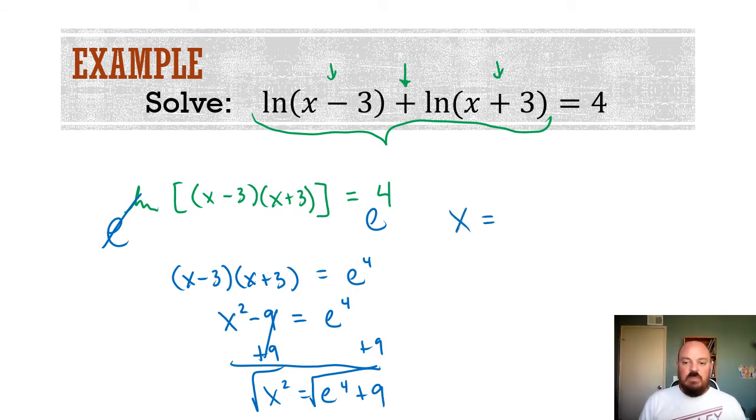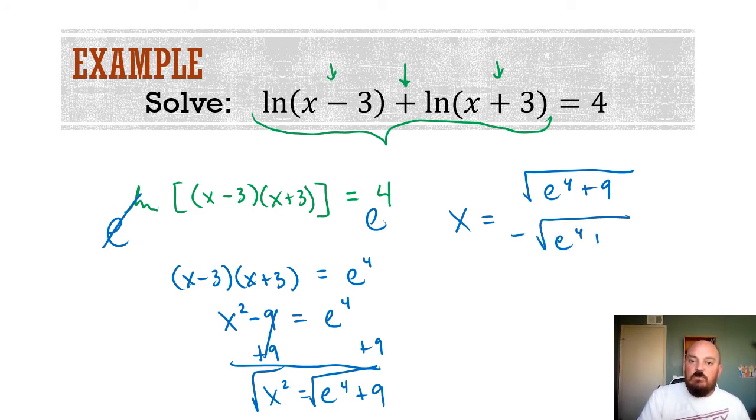I want you to all remember that. Anytime you take the square root when you're solving an equation, you always get 2 possible answers, a plus or minus. And I'm actually going to write them out separately because we need to test them anyways for extraneous solutions. So x could be positive square root of e to the 4th plus 9, or negative square root of e to the 4th plus 9. That's my plus or minus right there, basically.